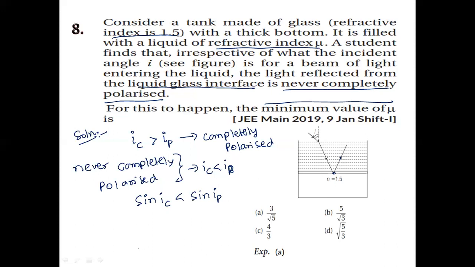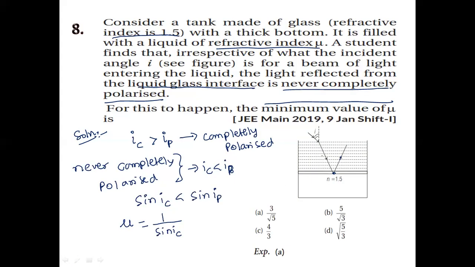Now I can say that it is from the critical angle concept. We know that mu is equal to 1 by sine IC. Instead of sine IC, I can write 1 by mu. I want to find sine IP.